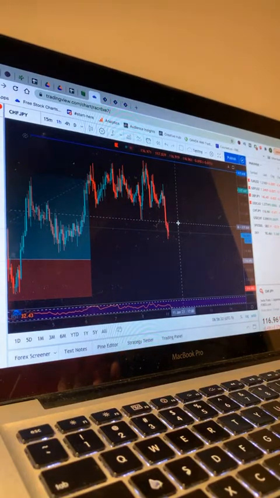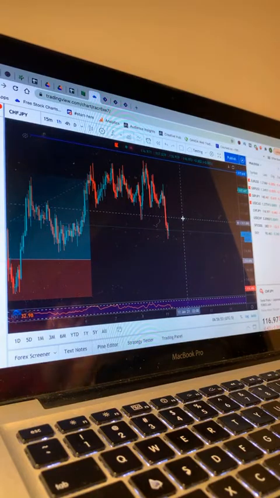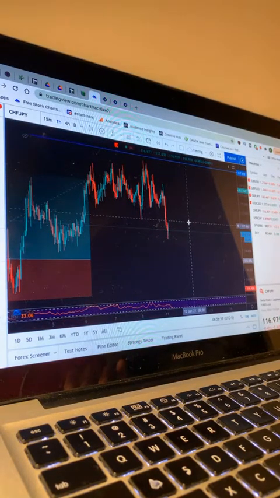So I don't even know how long it would take to reach your take profit level if you set it at, what did I say? 116.75. Yeah, I wouldn't even trade this. That's 1 to 2 risk reward, but it's like 20 pips. I wouldn't even do it.